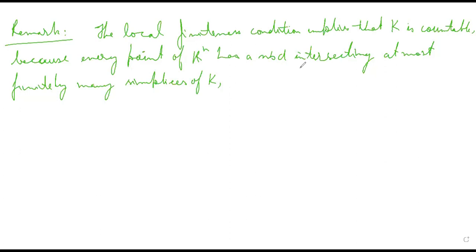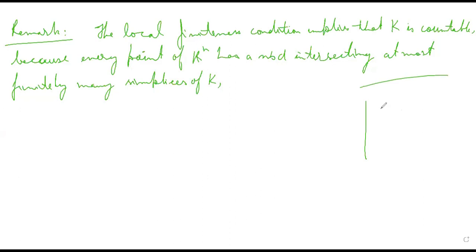Now, because Rn is countably compact, every open covering has a countable subcover. So we can choose a countable subcover of Rn, and because each member of that cover intersects only finitely many members of K, K is going to be countable.